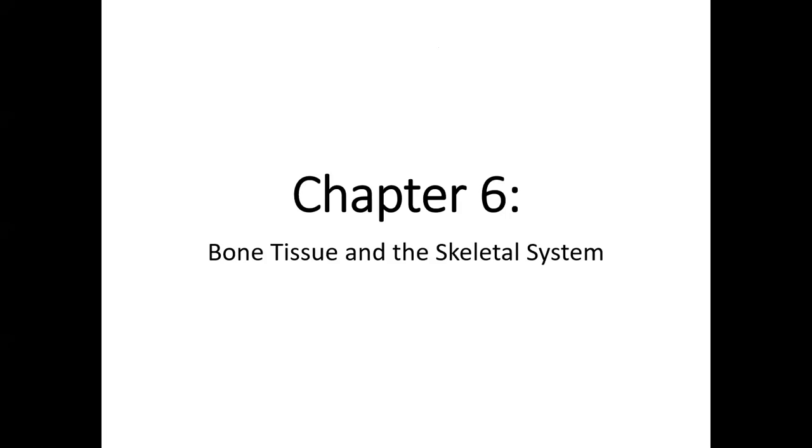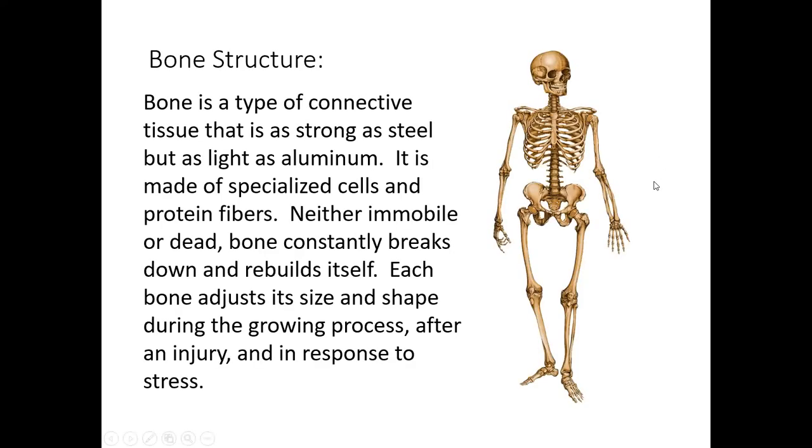All right, the first question is, what is bone structure? So bone is a type of connective tissue that is as strong as steel but as light as aluminum. It is made of specialized cells and protein fibers.